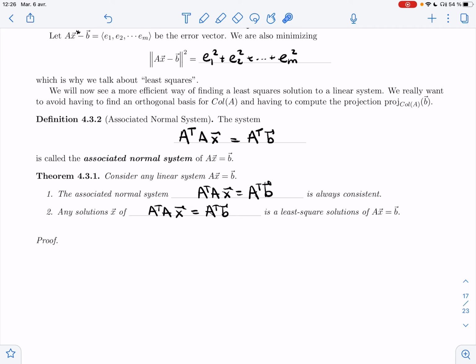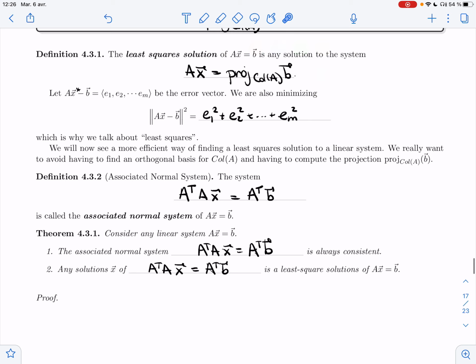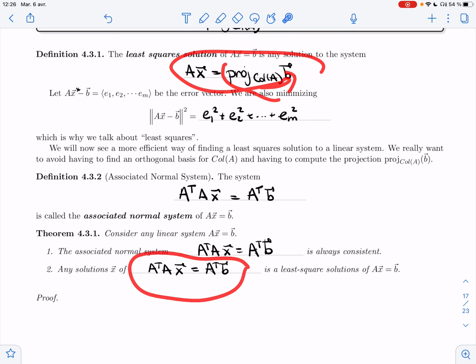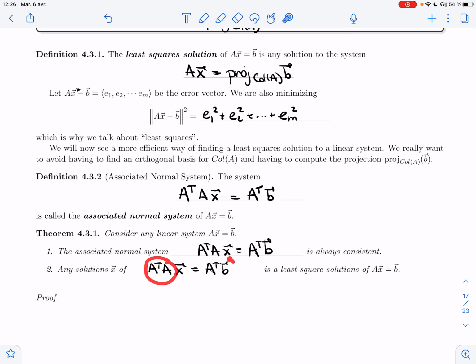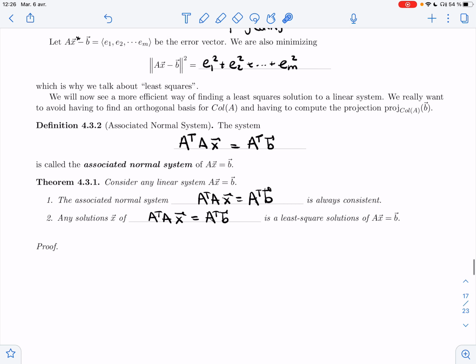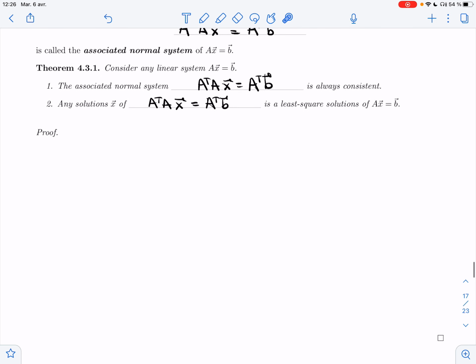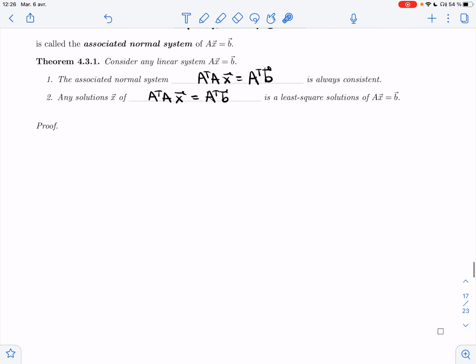All right, so what this means is instead of finding the projection, finding an orthogonal basis, solving a system, all you have to do is solve a single system. You do need to multiply two things by A transpose. Computationally, that's not so bad. So let's prove this. This is quite nice, and it's going to save us a lot of work.